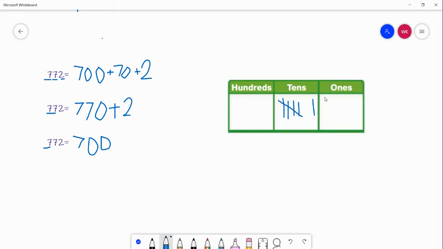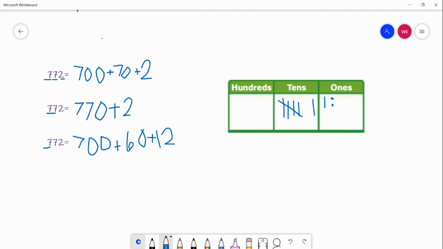And now we have a 10 in here, and now we have 2 left over. So it is going to be 700 plus 60 plus 12, because you have a 10 and then you have 2. So 700 plus 60 plus 12 equals 772.